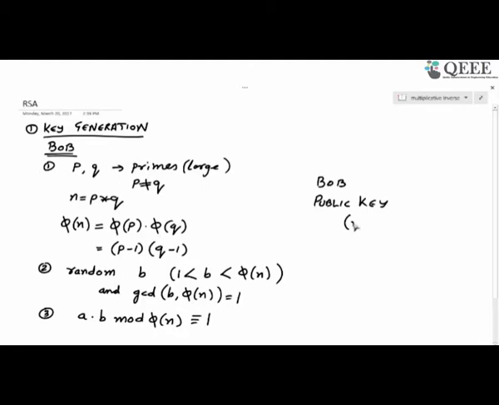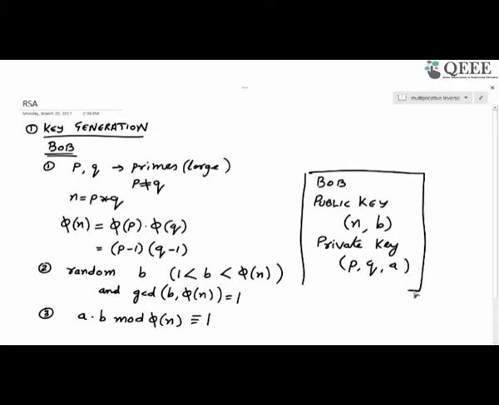Okay, so given these three steps, Bob would define the public key as the tuple n comma b, and the private key is defined as the primes p, q, and a. So this is what Bob does initially.